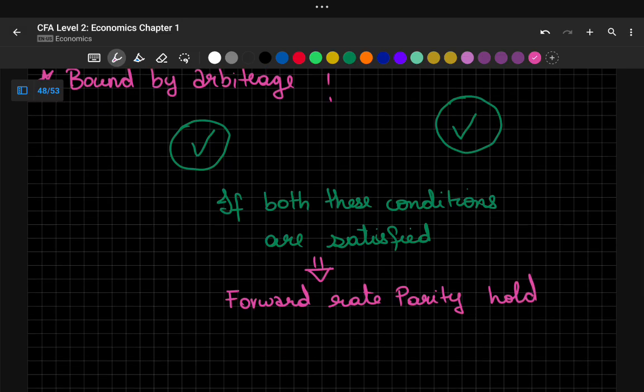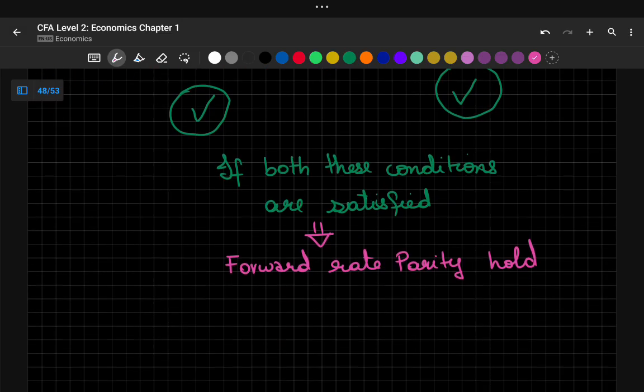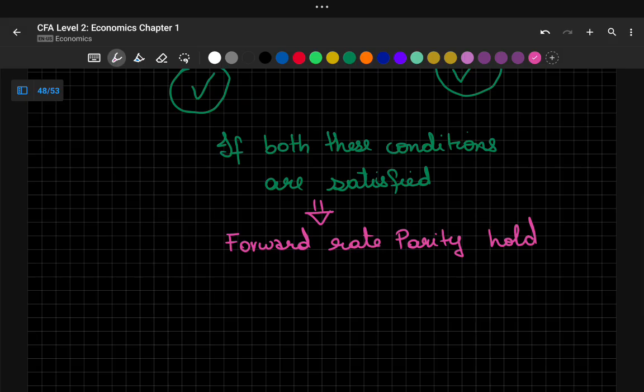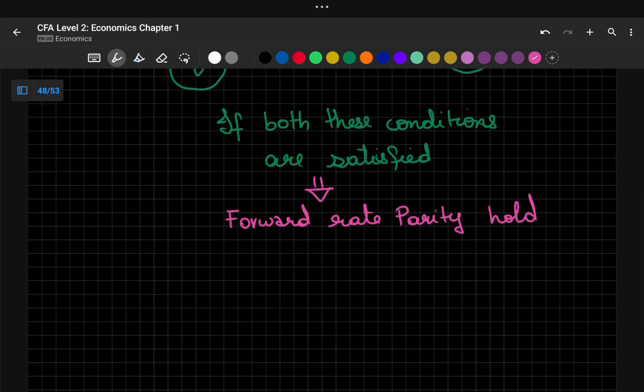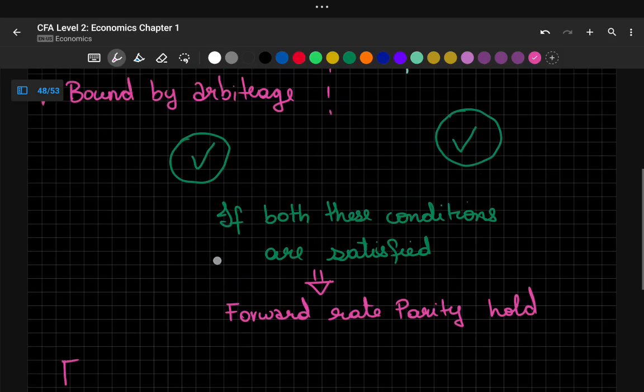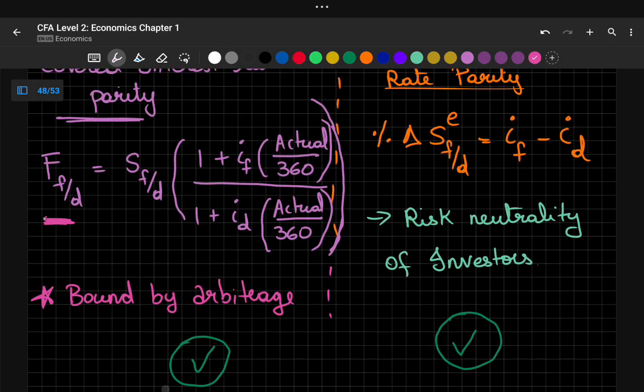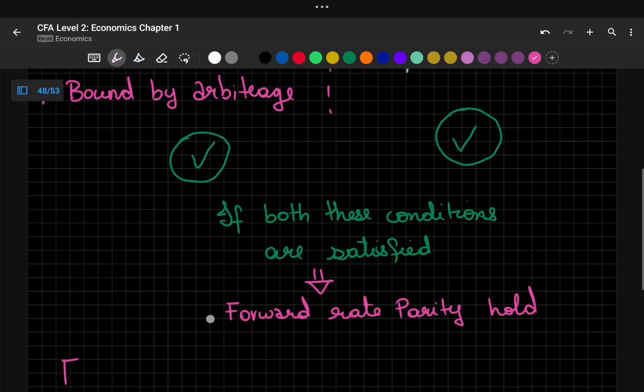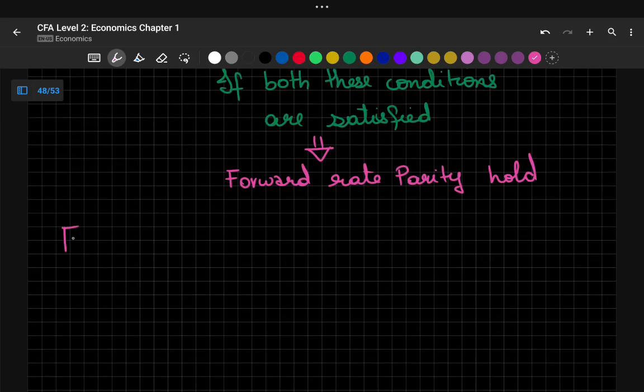And so how can we derive the equation? For this, we have already seen the equation for forward rate. Similarly, we had also derived the equation for forward premium or discount, that is, forward premium would be equal to forward rate minus spot rate.